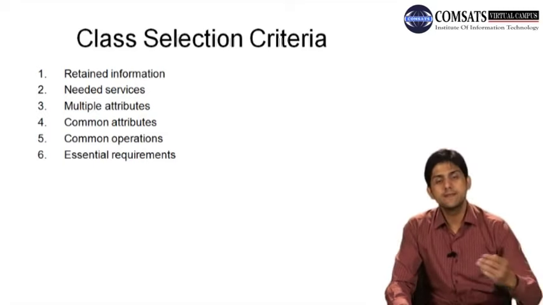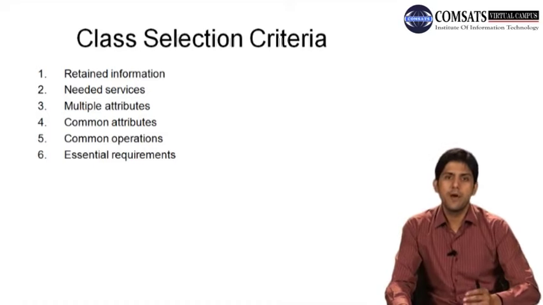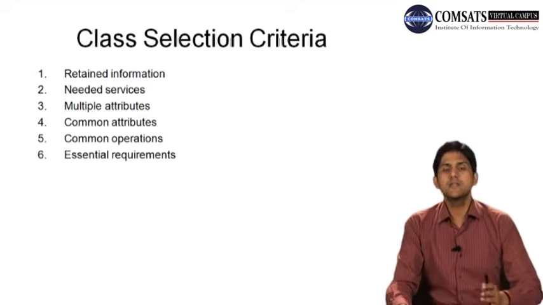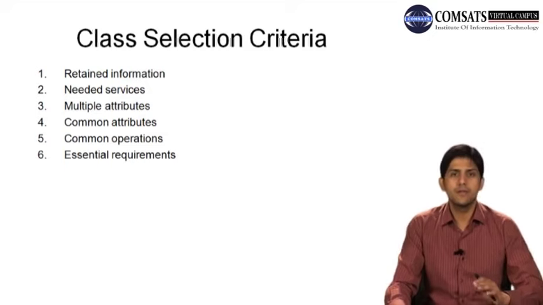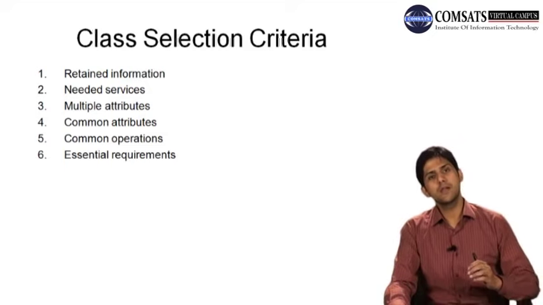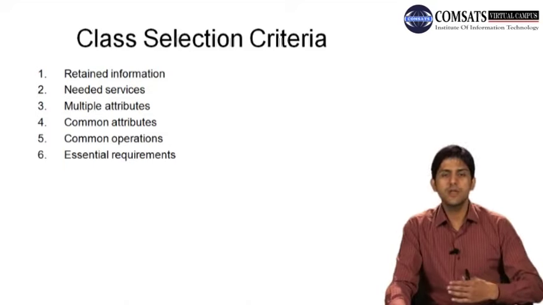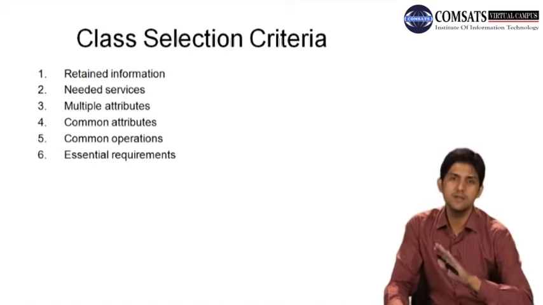Then the second criteria is needed services. If you identify a class and you think of an instance for that particular class, you think of an object of that class, that particular object should need some services. If that is not the case, again you reject. You say it does not satisfy the criteria of needed services.